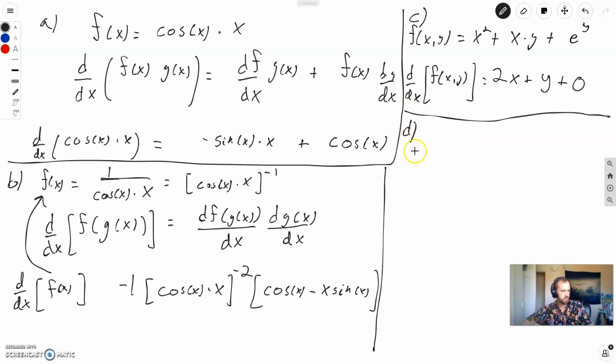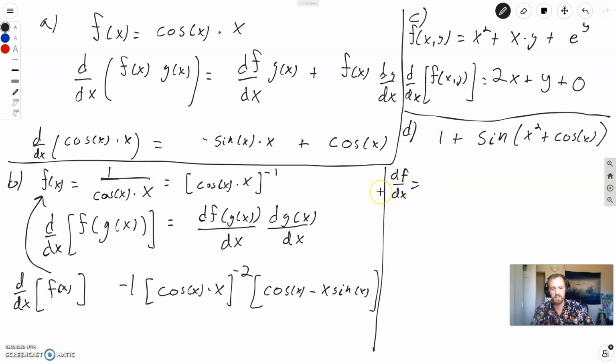Then for part D, we're doing 1 plus the sine of x squared plus the cosine of x. You can see I was getting a little creative. So then df by dx: your 1 is just going to give you a 0 term. Don't care about that. This is a chain rule. I'm going to take the derivative of the outside, so that's cosine, the derivative of sine, and I have x squared plus cosine of x.